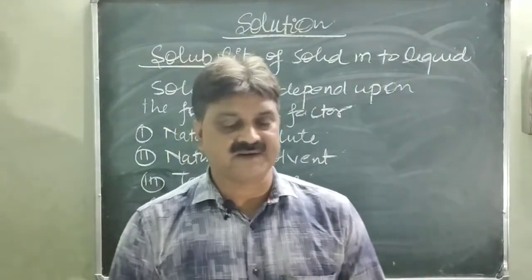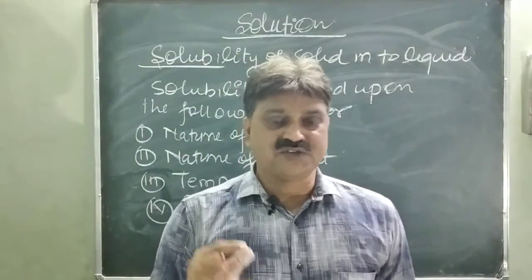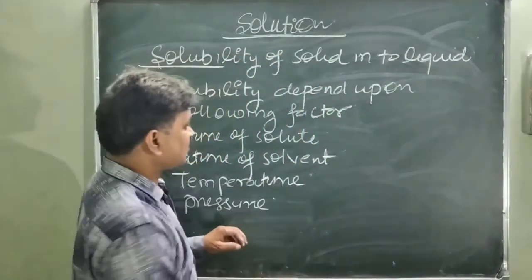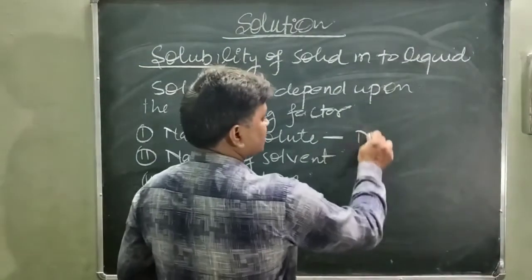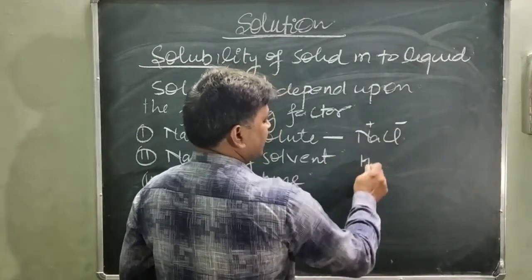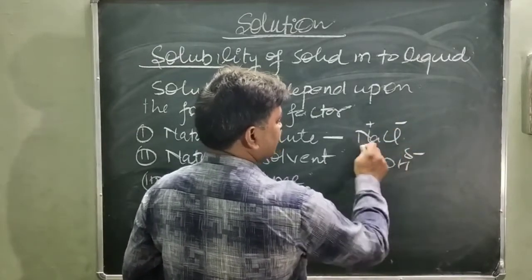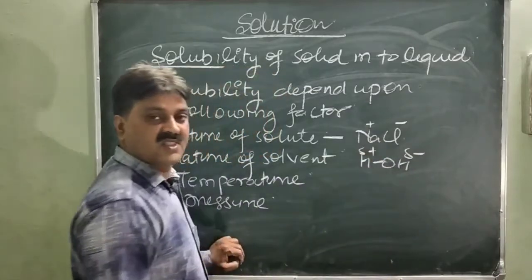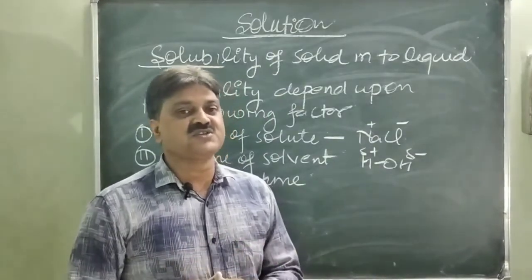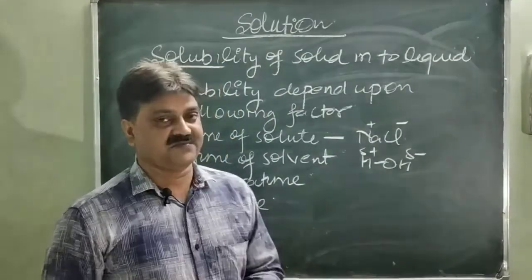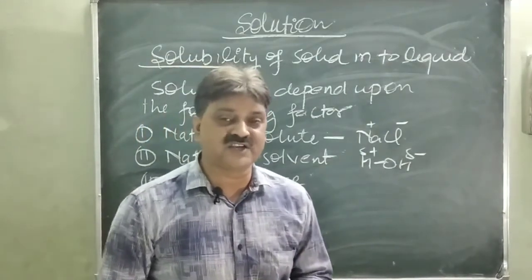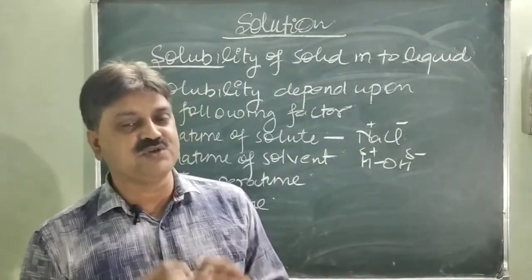One thing is very clear, try to understand. Sodium chloride dissolves in water, it is soluble. Why? Because sodium chloride, NaCl, has plus and minus charges, and H2O has OH minus and H plus. So like nature of substances are always soluble in each other, or you can say similar forces of interaction are always soluble in each other.